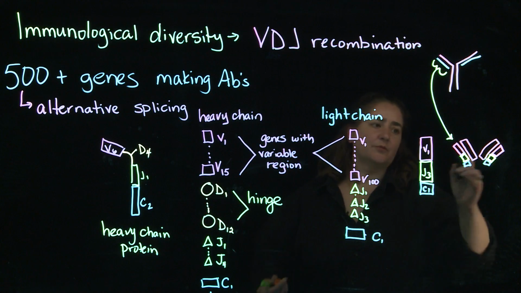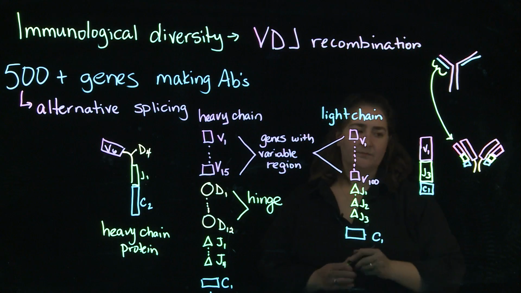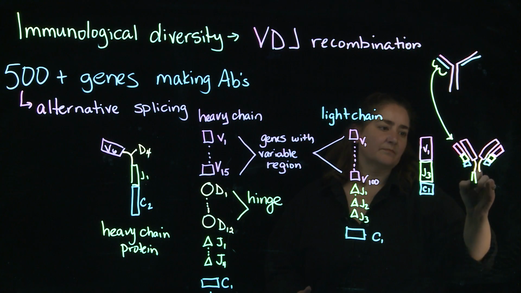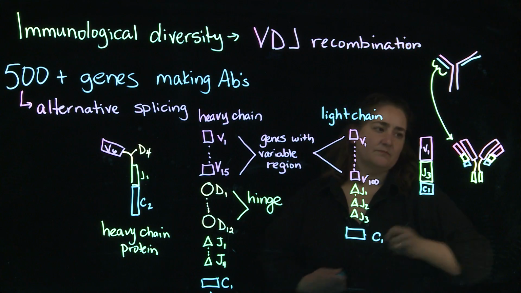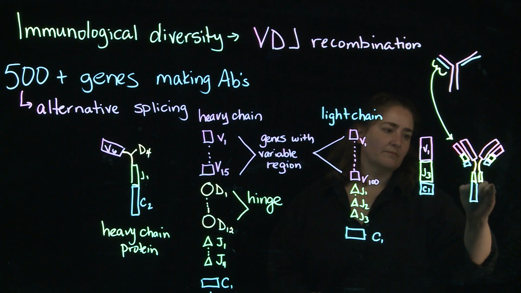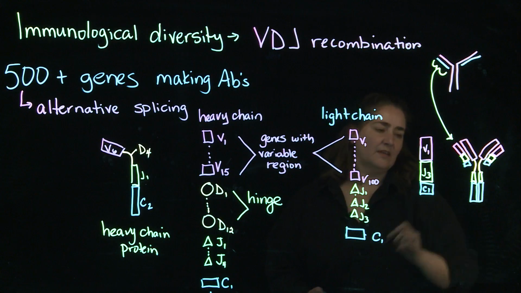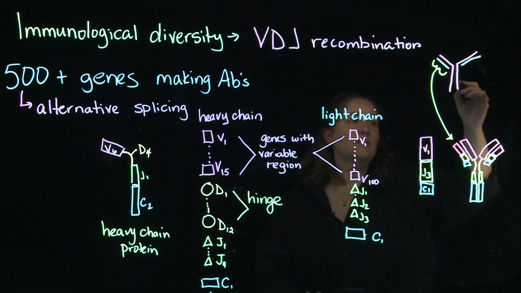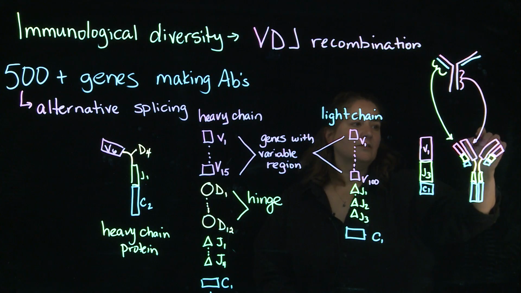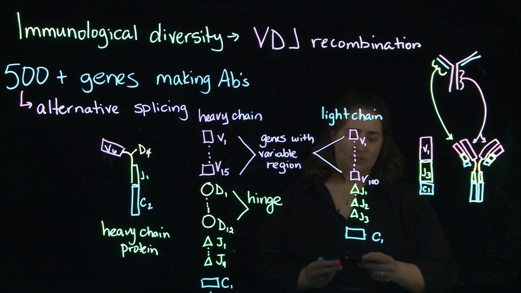We've got our variable region. We've got our hinge. We've got our J region. And we've got our constant region. So what we have here are going to correspond to these two chains.